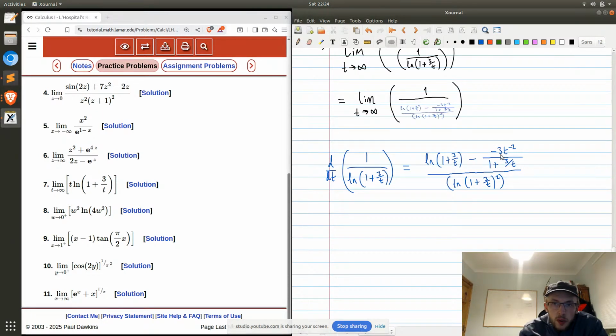And all of that has to be flipped over, I think. The limit as t goes to infinity of ln of 1 add 3 over t, all of that has to be squared, and divide all of that by that minus that. And do you know what this is? No, I don't.